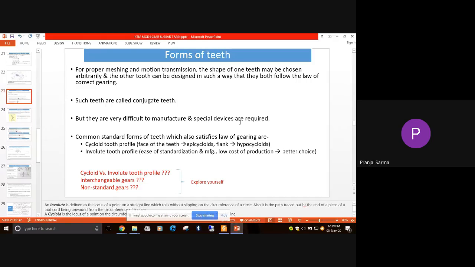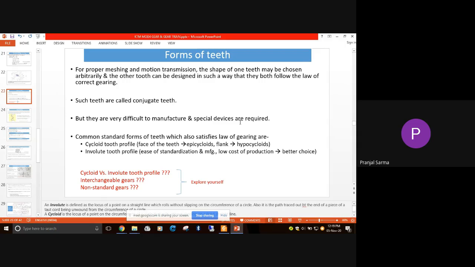You have to take care properly, and if you are able to design the form of the teeth in such a way that they follow the law of correct gearing, then that pair of gears will work. This kind of teeth are called conjugate teeth, conjugate to each other, that means one tooth profile properly meshes with the other tooth profile. Such forms of teeth are known as conjugate teeth.